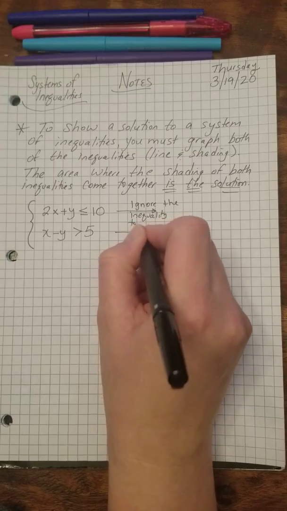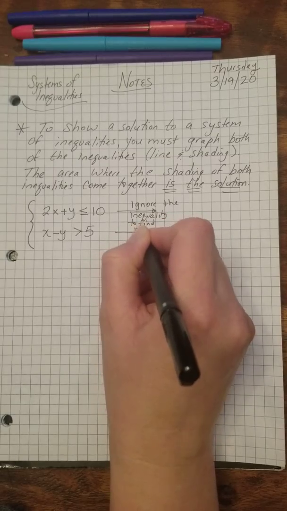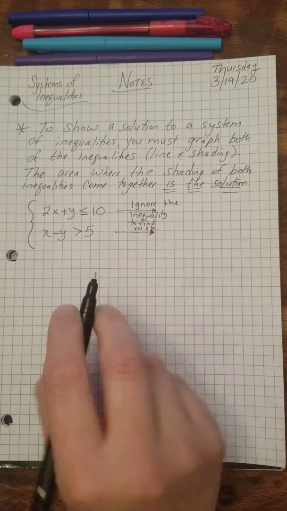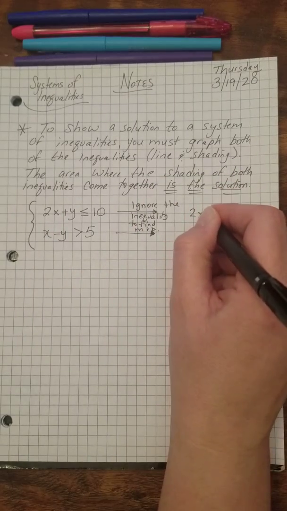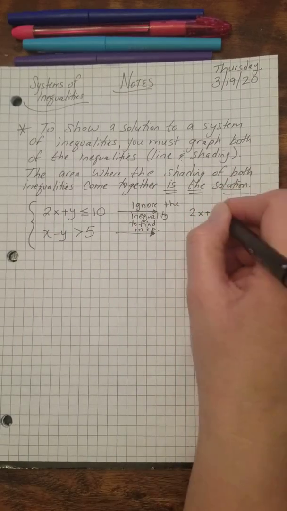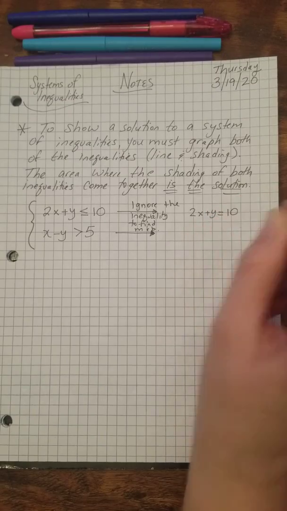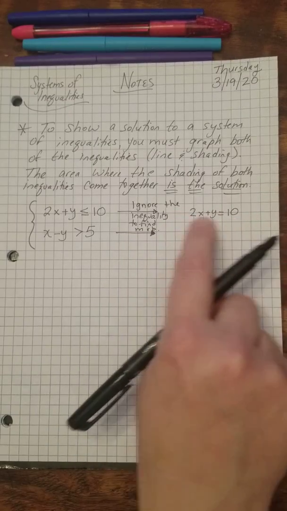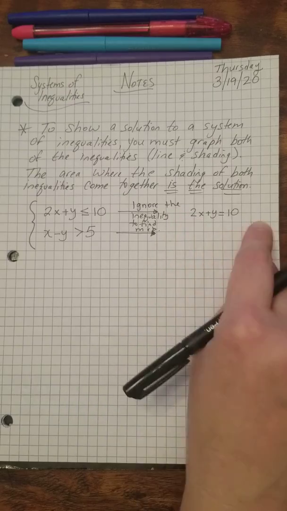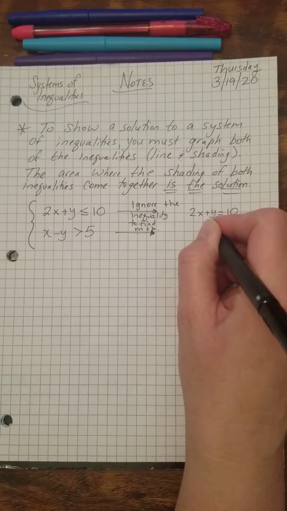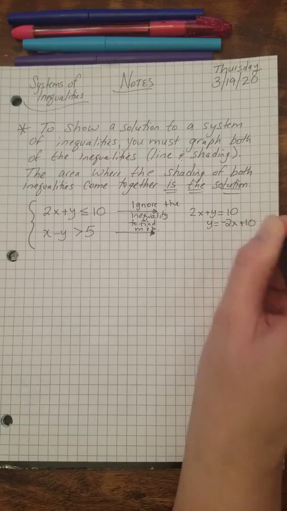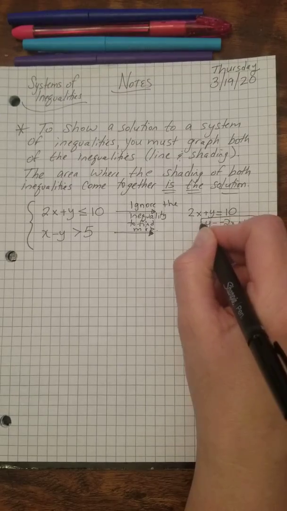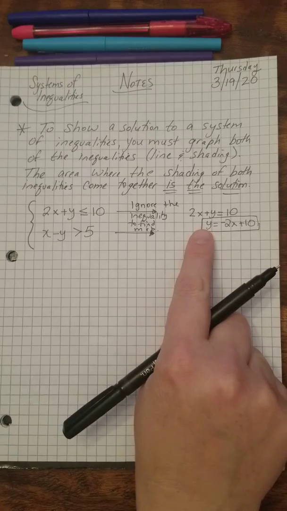To find m and b, if we ignore the inequality here, we can think of it like 2x plus y is equal to 10. Once we solve for y, we end up with y equals negative 2x plus 10. So that is one line that I'm going to make.